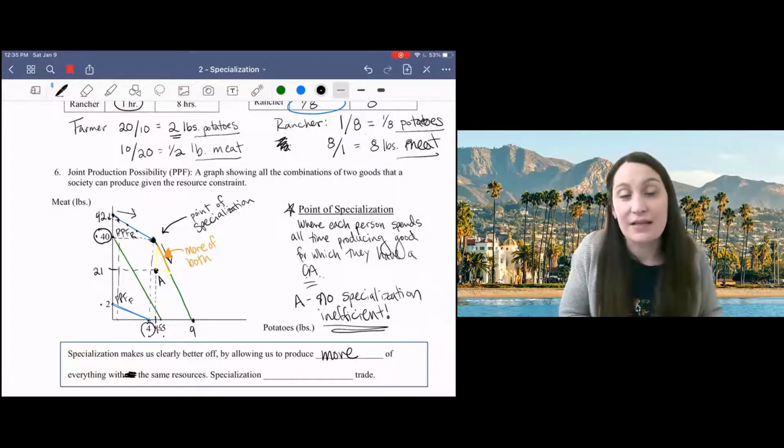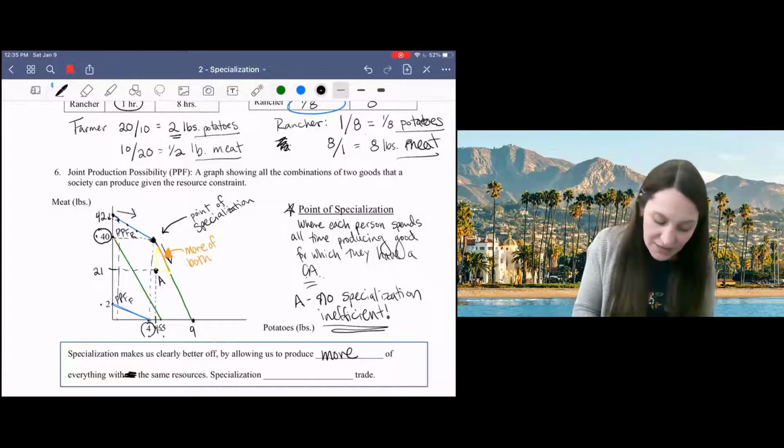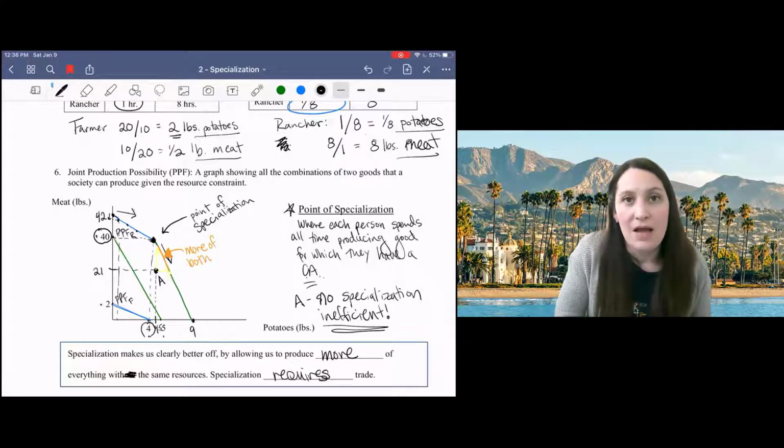There's no reason that the farmer wants to produce only potatoes if he would also like to consume some meat, unless he can trade potatoes for meat. So specialization requires trade. And the more we can trade with each other, the more we're able to specialize.